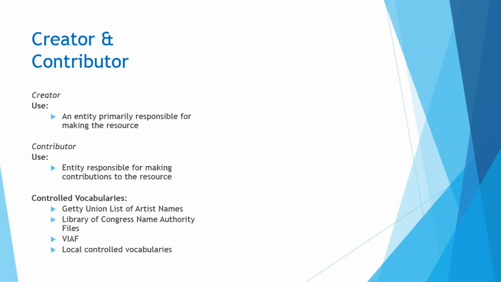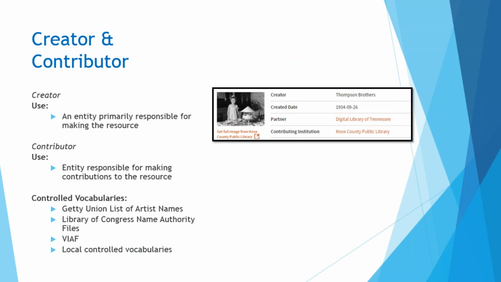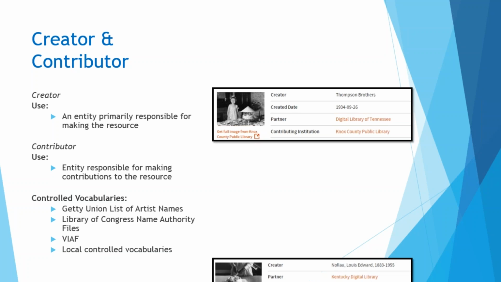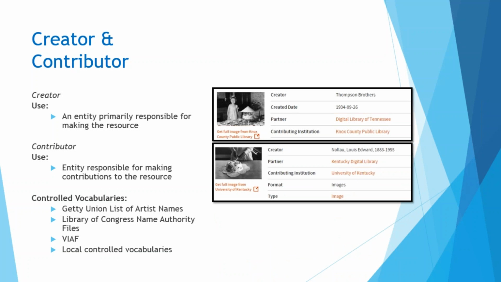For both the creator and contributor field, it is recommended that corporate names are in direct order, such as in the first example here, where the creator name is Thompson Brothers, so that's in direct order, and then personal names should be formatted as last name, first name, and then life dates, and that's, for example, in the second example.